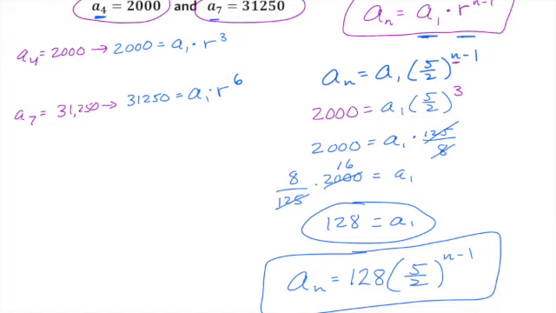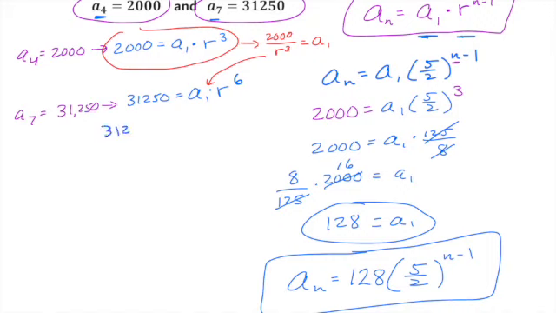So one thing you might do is take either one of them and solve for a sub 1. So if I take this first one here, and solve for a sub 1, that would be 2000 divided by r cubed is equal to the first term. And then I'm going to use a little substitution. I'm going to replace a sub 1 with that expression.